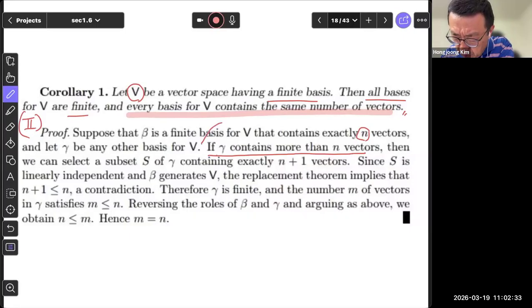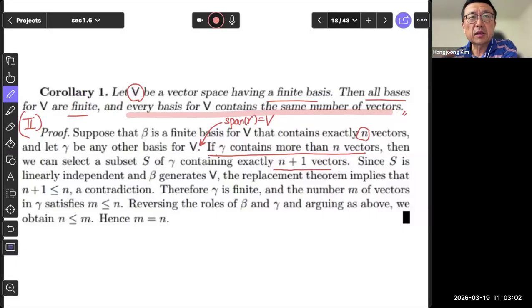Before we claim this, we need to mention that the span of gamma will be the V space. So gamma generates V, right? Then we can select a subset S of gamma containing exactly n plus 1 vectors.